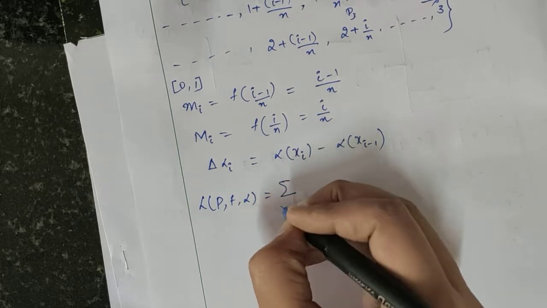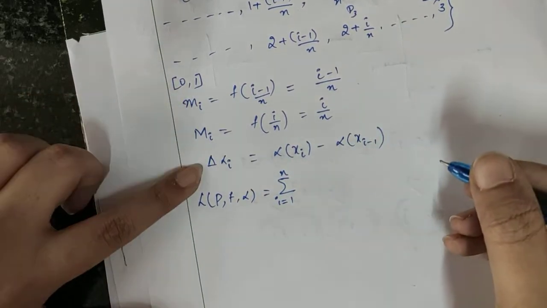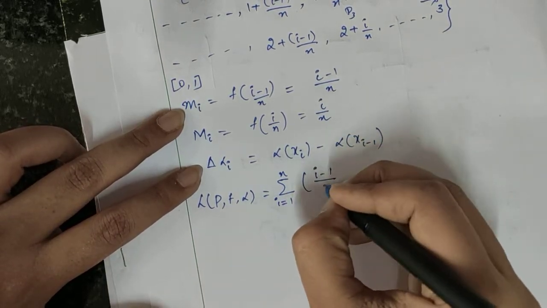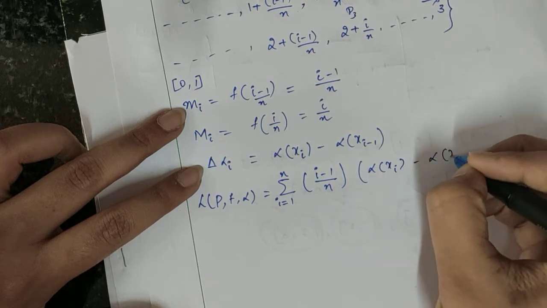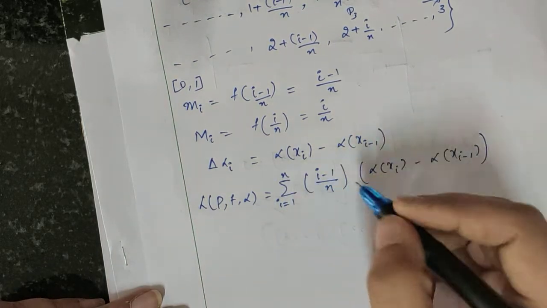This is nothing but summation i is equal to 1 to n of mi into delta alpha i. I will just substitute the values. This is i minus 1 by n into alpha of xi minus alpha of xi minus 1. Right? So expand the summation now.